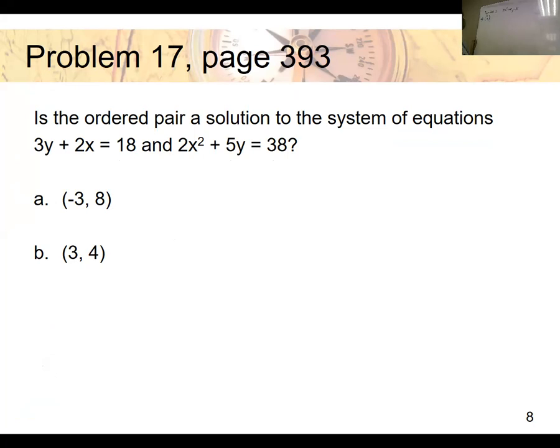Yeah. All right. X is -3 and y is equal to 8. So I'm going to substitute the x with -3 and the y with 8. So in this first equation, I'm going to have 3 times the y, which is 8, plus 2 times the x, which is -3. I'm going to know that's equal to 18.